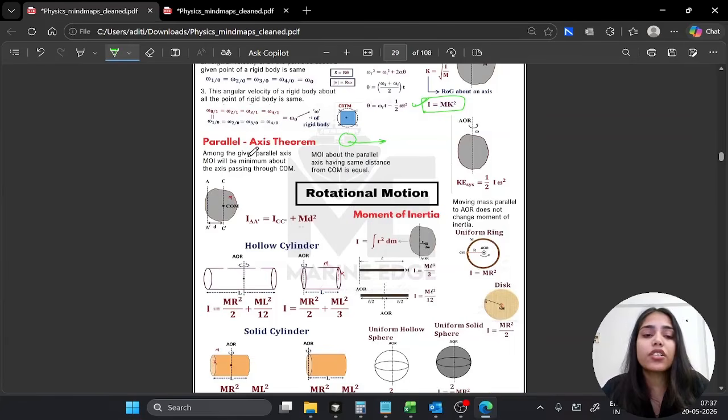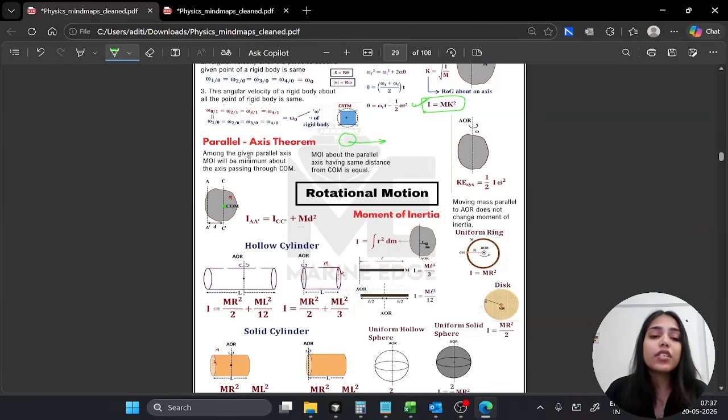Next, the first most important thing is the parallel axis theorem. So whenever we have to calculate moment of inertia across any axis, let's say axis AA dash, we draw a parallel line through the center of mass. Center of mass is the center point: instead of taking the whole mass, if we consolidate it into one single point, that becomes your center of mass.